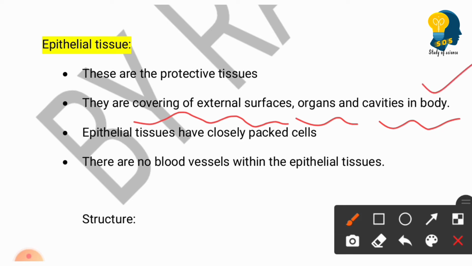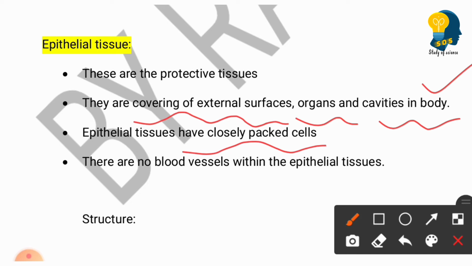Next, epithelial cells are closely packed cells. Very important. The epithelium cells are closely packed and form a continuous sheath. That means there are no spaces, or very little space, between the epithelial cells. The cells of the epithelial tissues do not have intercellular space.